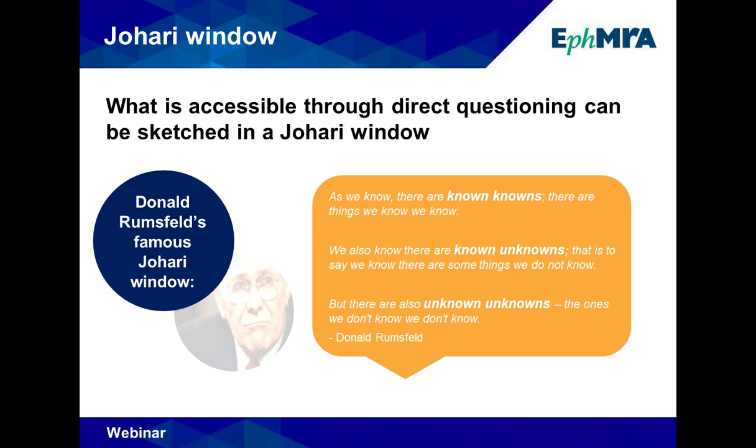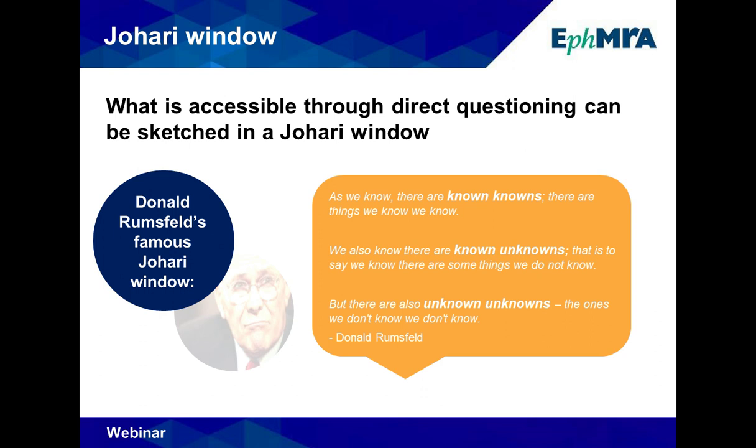He said, as we know, there are known knowns, and these are the things that we know we know. Secondly, we also know there are known unknowns. That is to say, we know there are some things we do not know. And then thirdly, there are also unknown unknowns. The things we don't know we don't know.